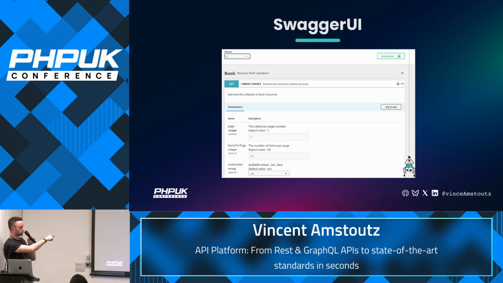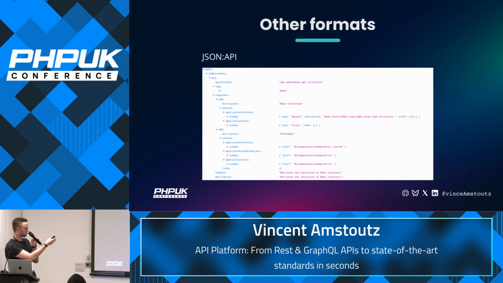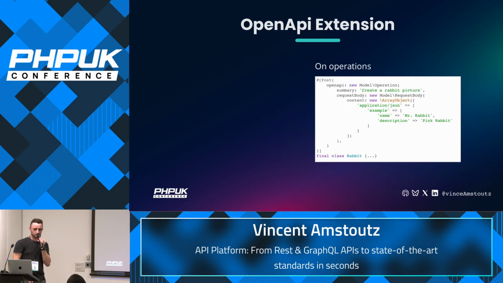And here it's the default format for your documentation, the Swagger UI interface, but you also have the Redoc version and the GraphQL interface if you are a GraphQL user. Also, you can have the documentation using other formats. And like almost everywhere in API Platform, you can enhance the automatic documentation.